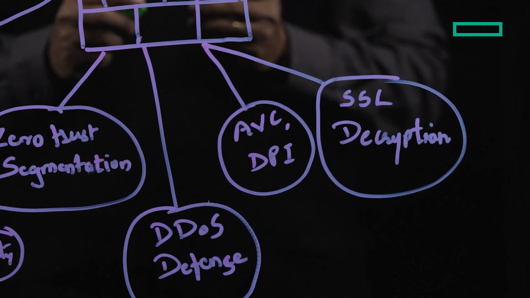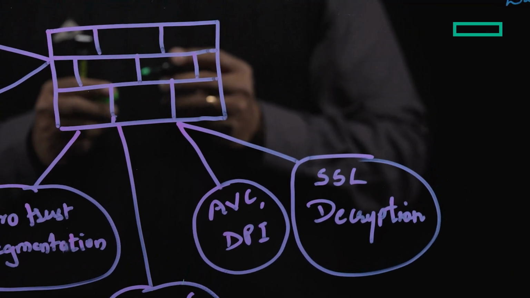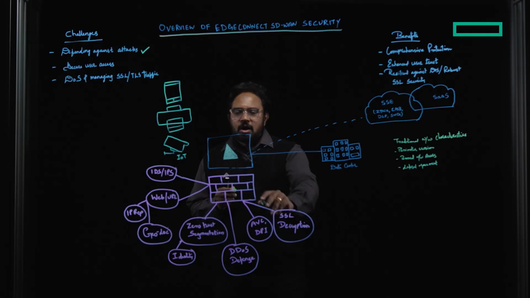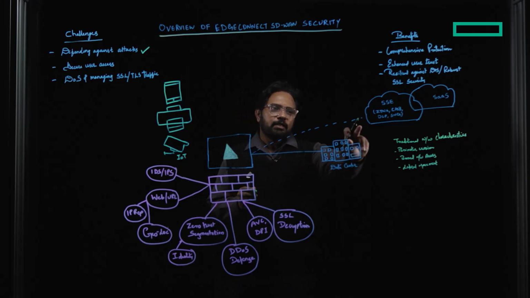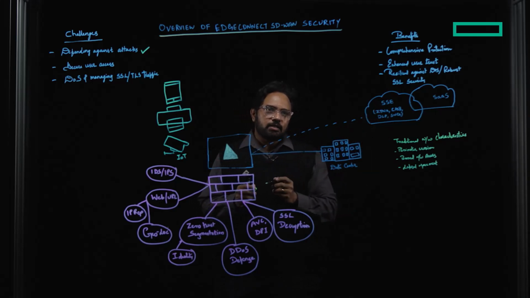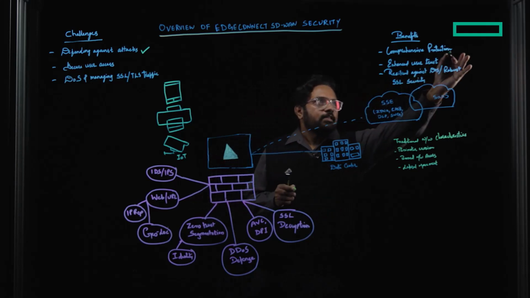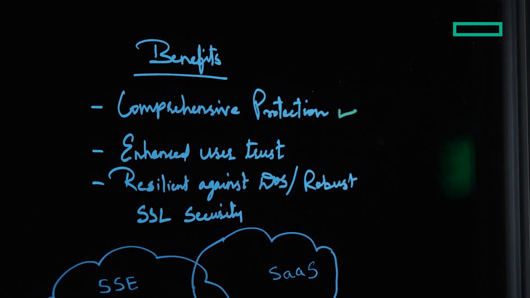The SSL decryption that is built into the EdgeConnect helps you manage your SSL traffic in different ways. What does this mean to you? This means that you are able to securely break out traffic to the leading SSE clouds, and you are able to comprehensively protect your network against most modern cyber threats.